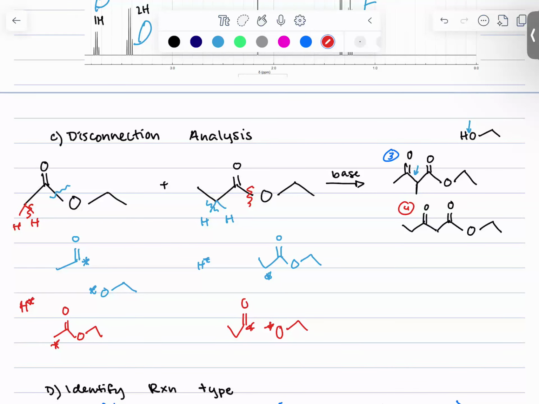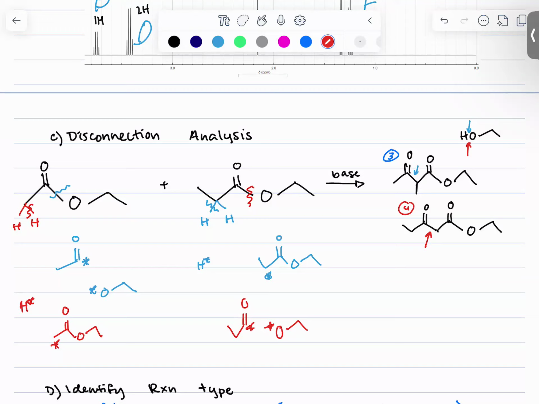What do you notice is in common between these 2 molecules? There are 2 molecules that they make in common when we're looking at the star method.